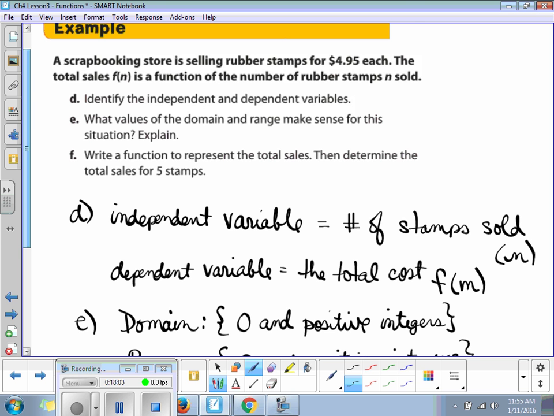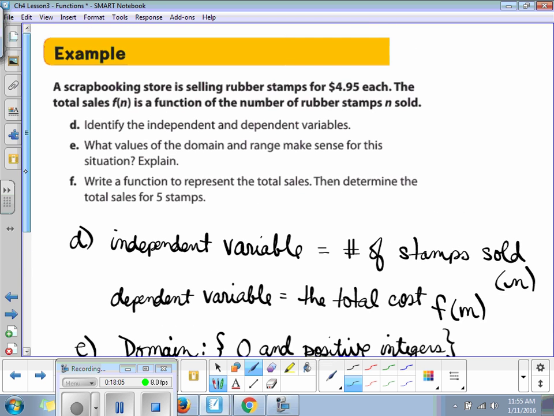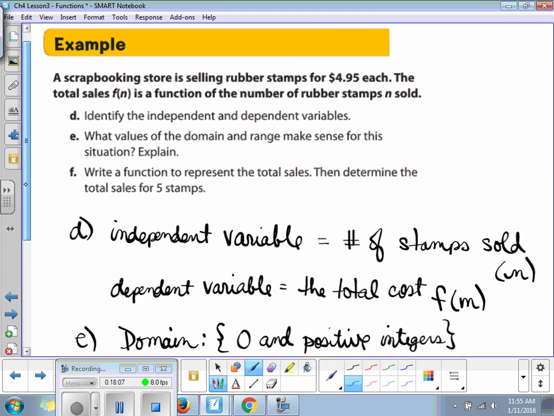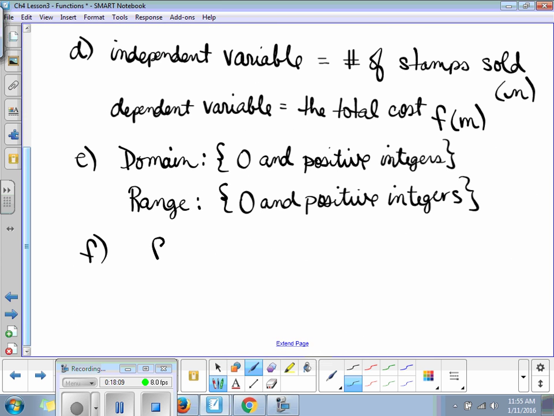So, what is my function going to be? It's going to be f of n, which is another way to say y. Don't get confused. It is equal to what? Very good. So, we have $4.95. Remember, you put the number before the variable, times n.